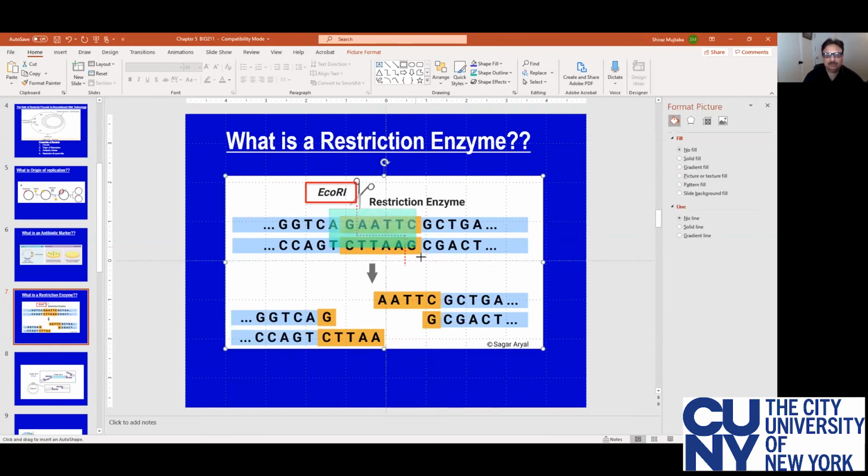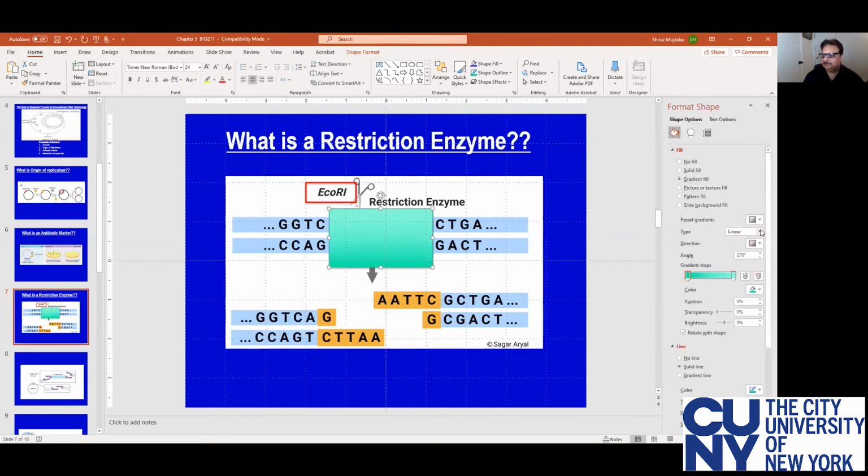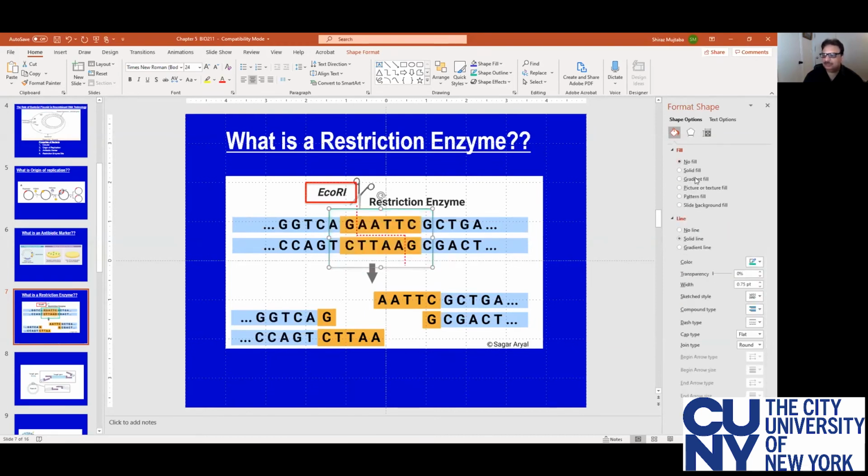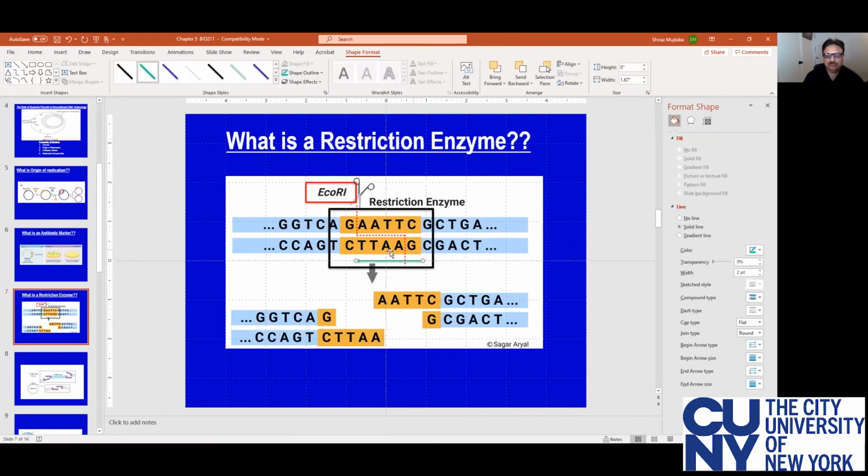If you look at this sequence, you will figure out that the DNA reads the same way in both directions. If you read from this side, GAATTC, and then read from the other side, it reads the same.